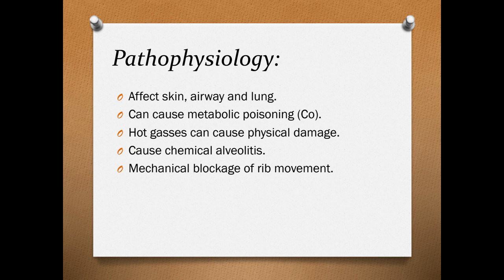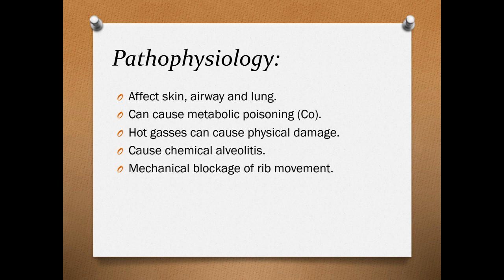Pathophysiology: as we have mentioned, the burns affect the skin mainly, and also the airway and the lung, the so-called inhalational injury, when there is inhalation of hot smoke or the products in the smoke, like carbon dioxide and carbon monoxide, that can cause metabolic poisoning. Carbon monoxide is a very dangerous gas.